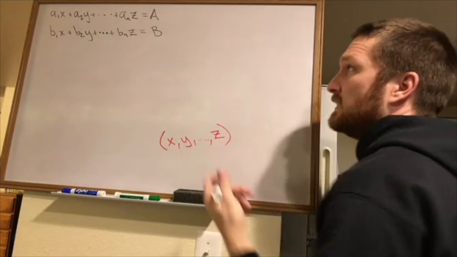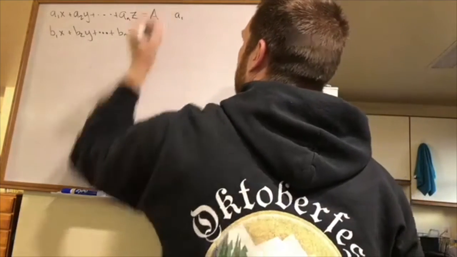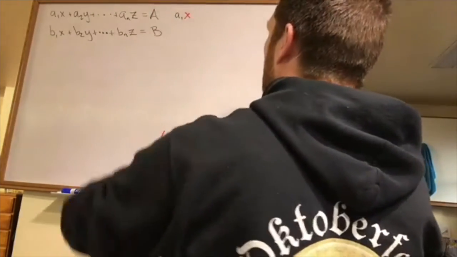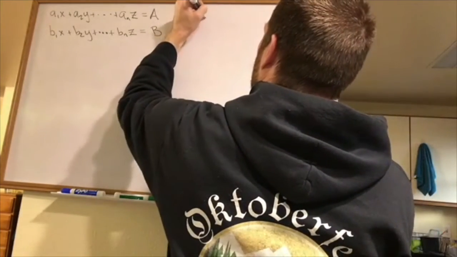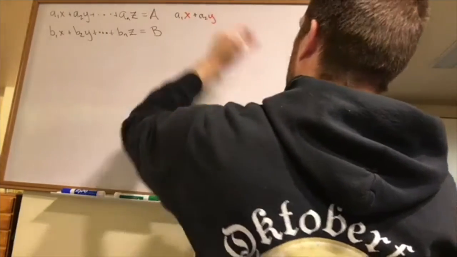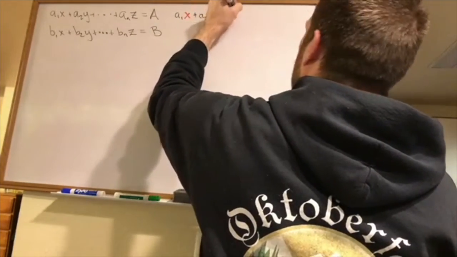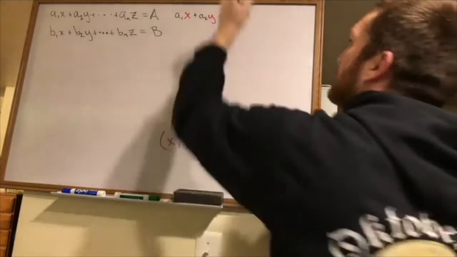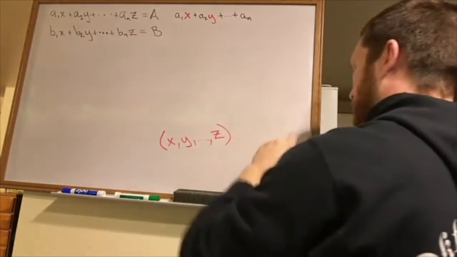Well, then it must be the case that when I plug it in, I get a1 times x plus a2 times y, and I keep doing that for all of the other variables until finally I get to an times z.